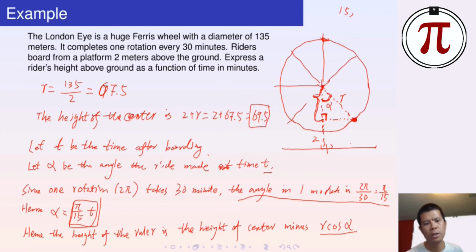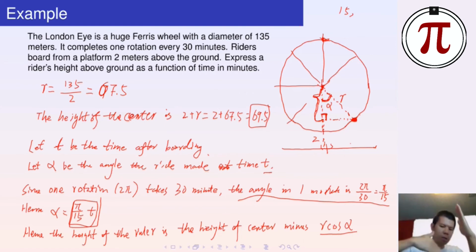For this one, we are trying to find the rider's height, so we need to find a function for it. Now you need to create t first.